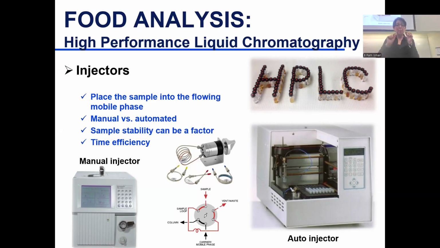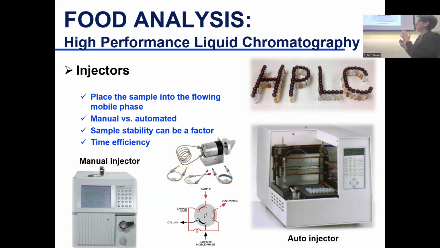So the sample loop, you probably saw that as well, right? There are different types or volumes of sample loop. It can be as small as a 10 microliter sample loop, or as big as a 200 microliter sample loop.